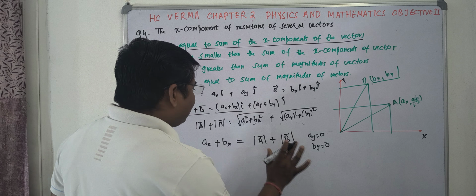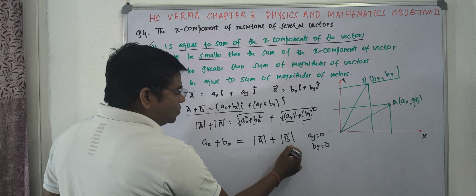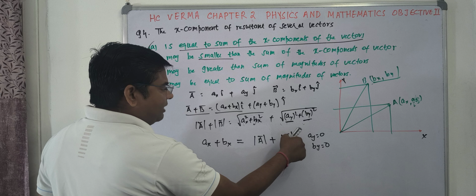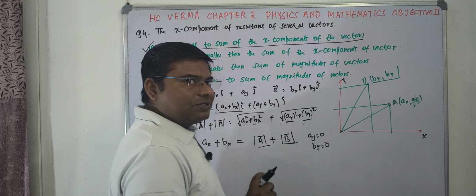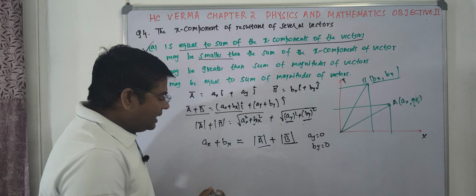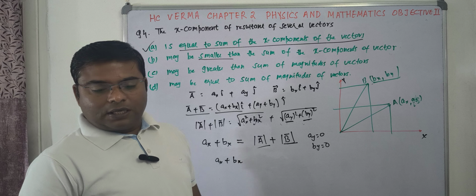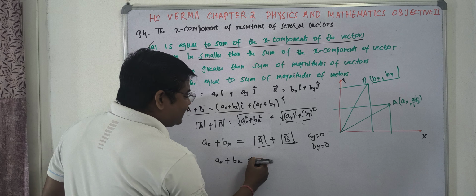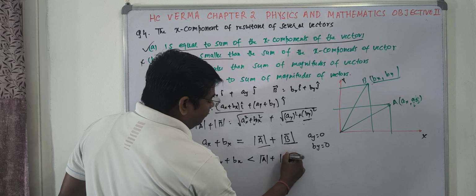If ay is equal to 0 and by is equal to 0, then the modulus of vector b is 0, so ax plus bx is equal to mod of a. So this is very conceptual. Now ax plus bx is always less than mod of a plus mod of b.